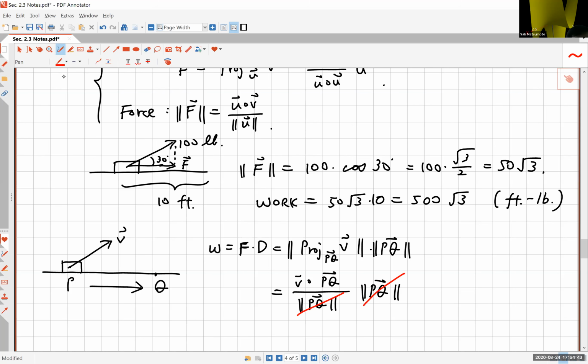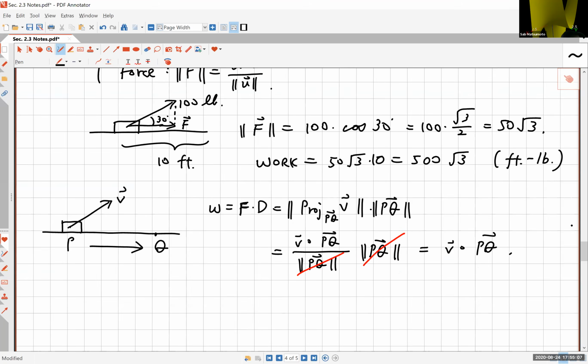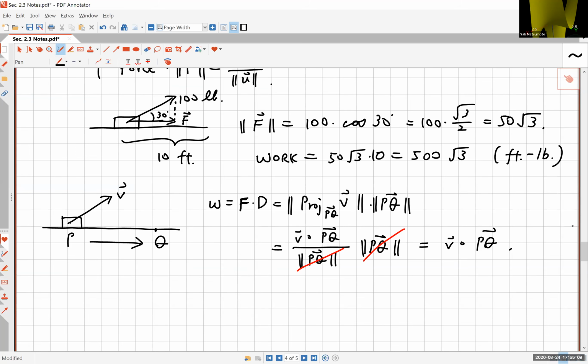And so if you're trying to find the work, the amount of work done by this vector V along the horizontal or any other vector PQ, then all that you have to do is to take the dot product. Really? Yeah, really. Okay, so the dot product itself is the work done by this force indicated by V.